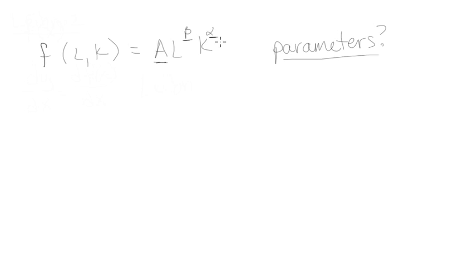To keep that in mind, very often you will see functions like this written as a function of L and K. And then there will be a colon, and it will say that it is a function with the variables L and K and the parameters alpha, beta, and capital A. One way to think about this is that the entity that is acting in this case, the firm that is making a choice of how much labor to use and how much capital to use in its production, doesn't have control over these parameters.